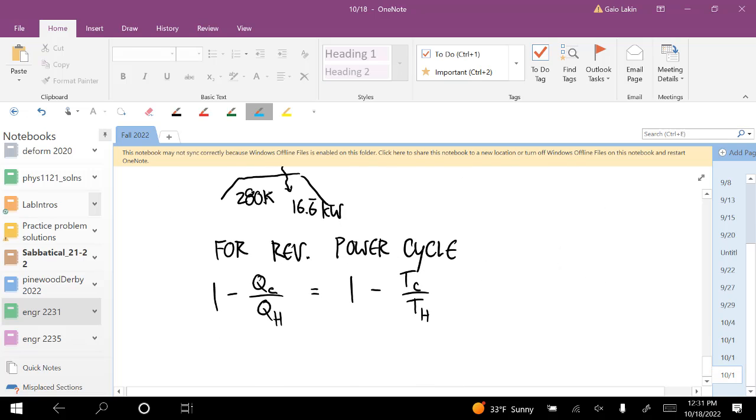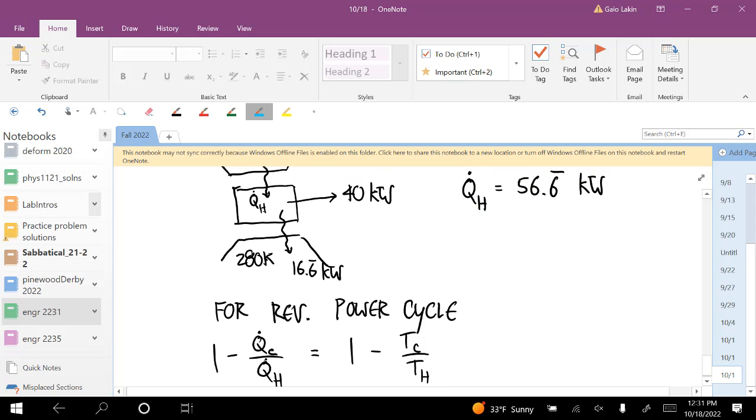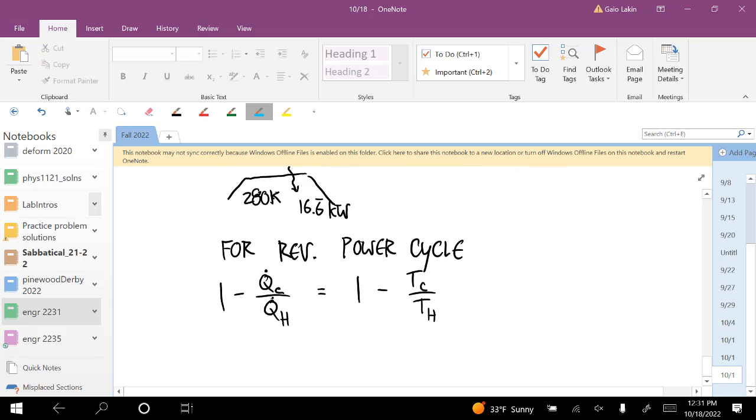We know now what all those powers are, and so we can plug those in and just calculate that TH.